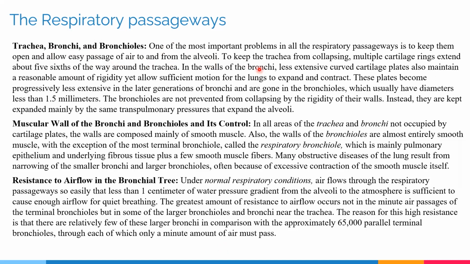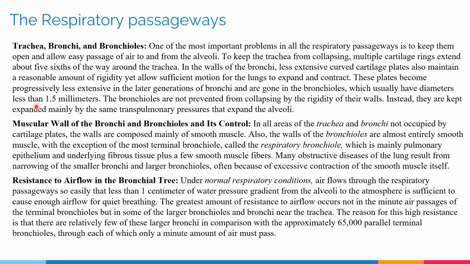To keep the trachea from collapsing, multiple cartilage rings extend about 5/6 of the way around the trachea. In the walls of the bronchi, less extensive curved cartilage plates are present, which also maintain a reasonable amount of rigidity, yet allow sufficient motion of the lungs to expand and contract.